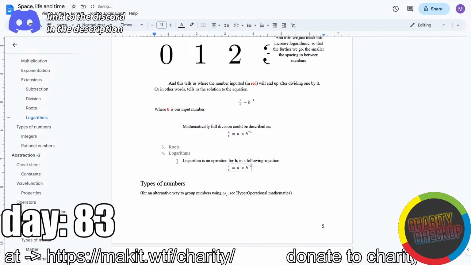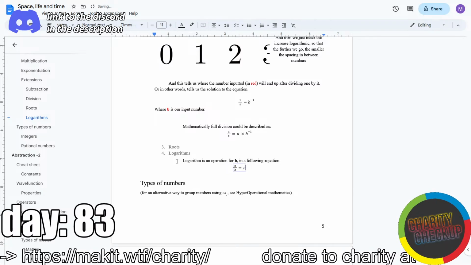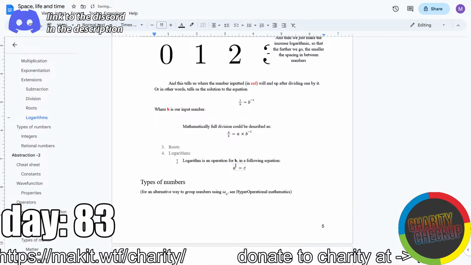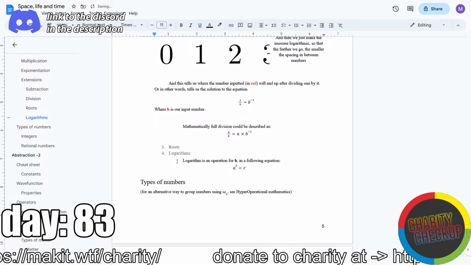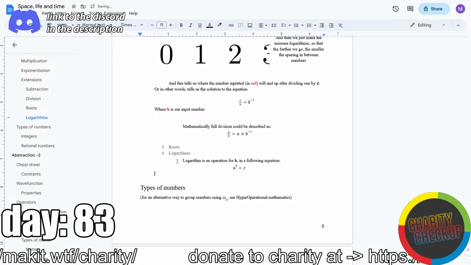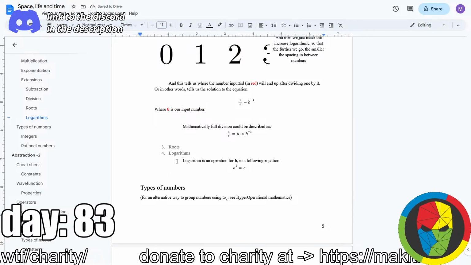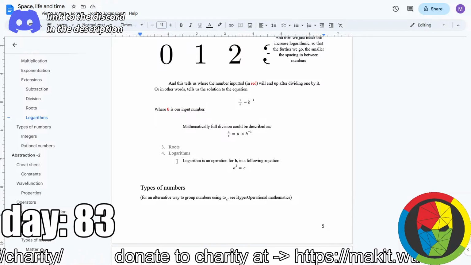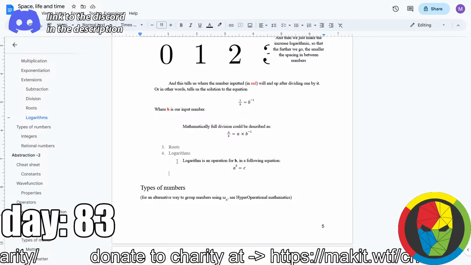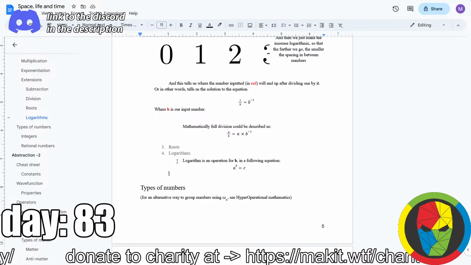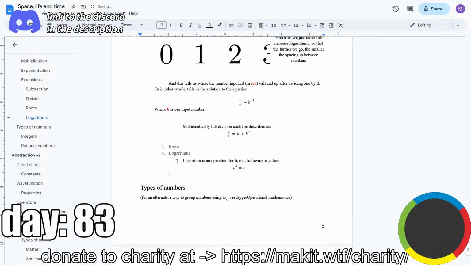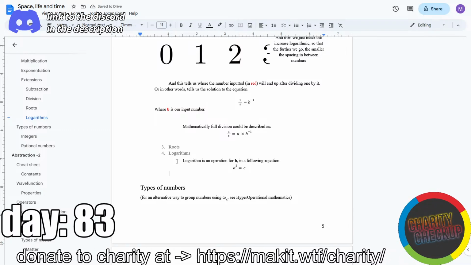Just like this, if we have a to the power b is equal to c, then logarithms look for b.